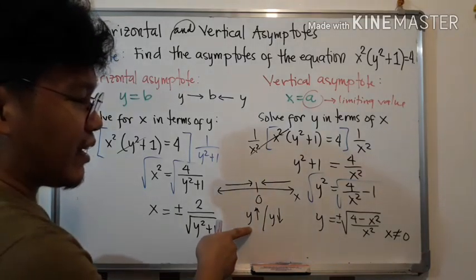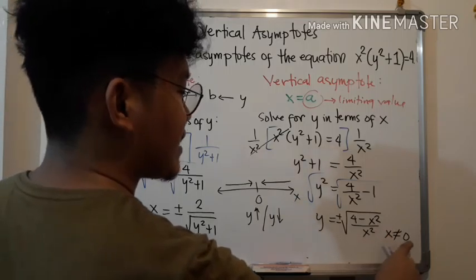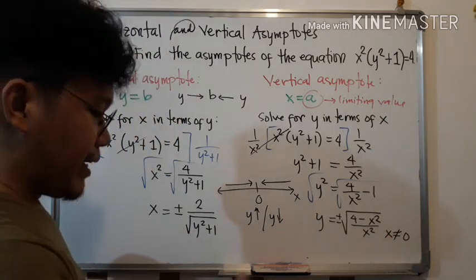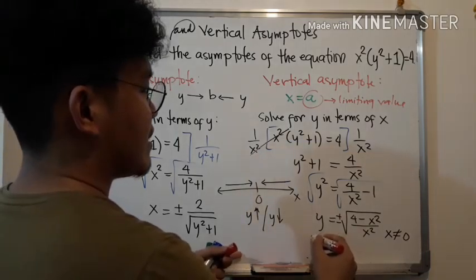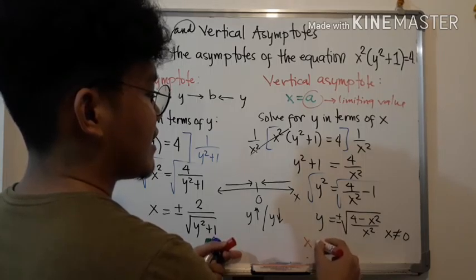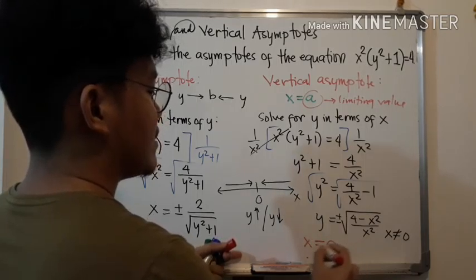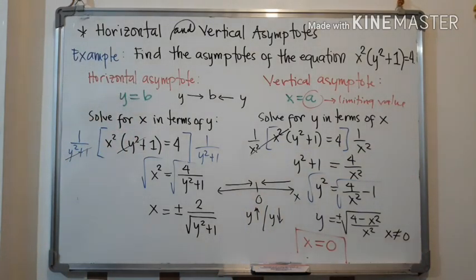And since y increases or decreases without bound at x equals 0, our vertical asymptote is the equation of the line x equals 0.